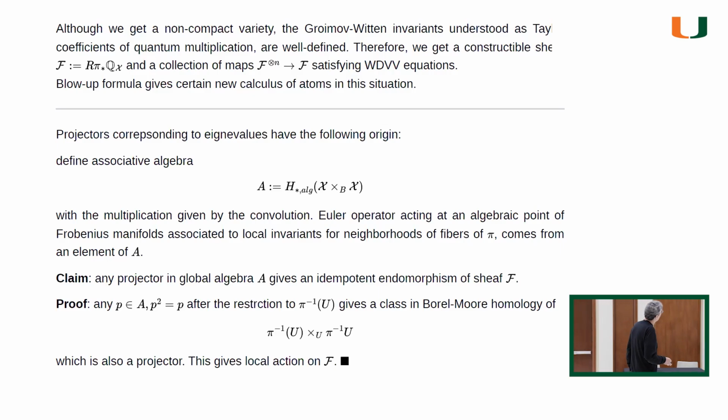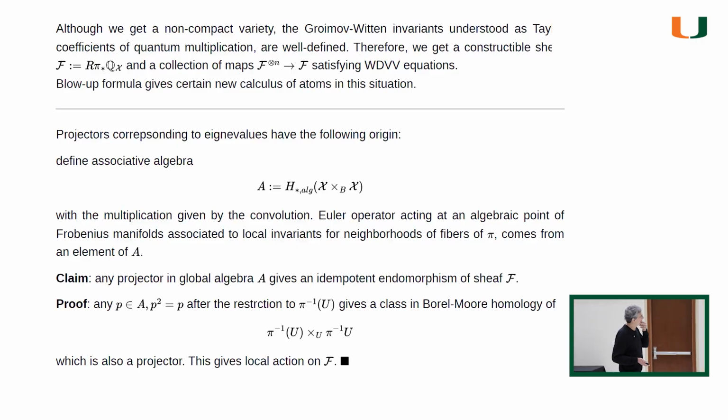And the blow up formula gives again some tool to analyze things. Now we get eigenvalues, and here it's a really interesting thing that goes on. You organize eigenvalues in some groups, and how do you organize it?